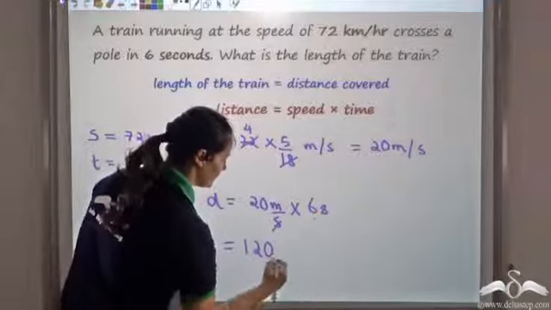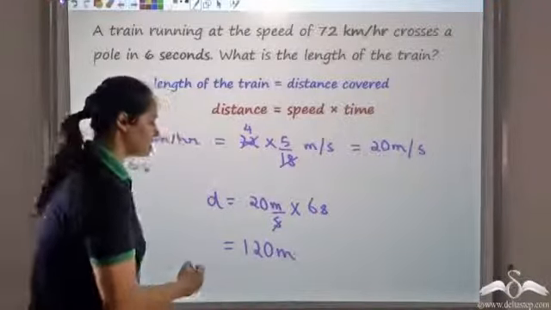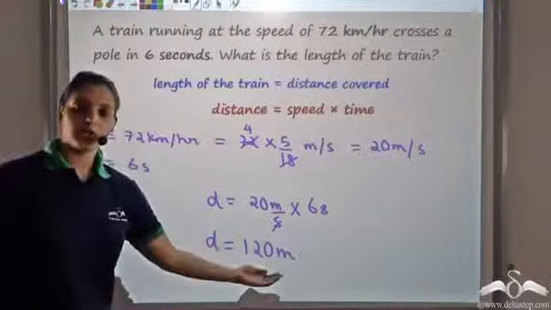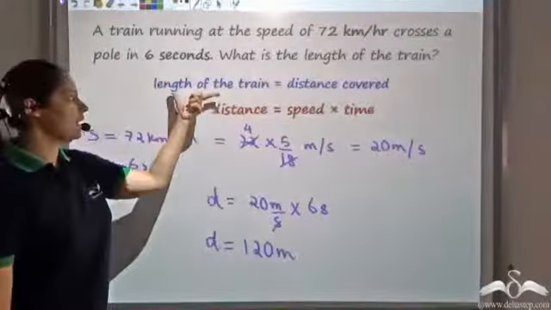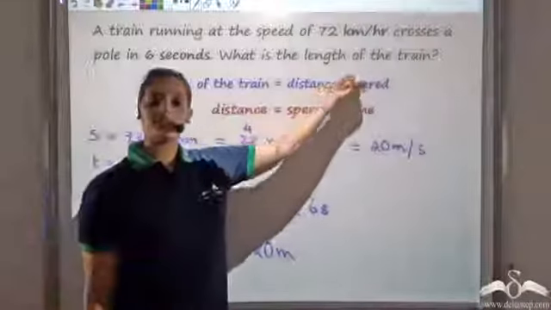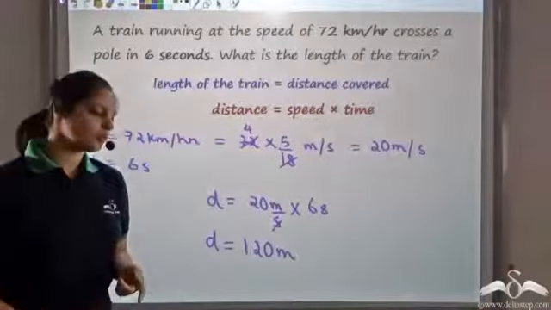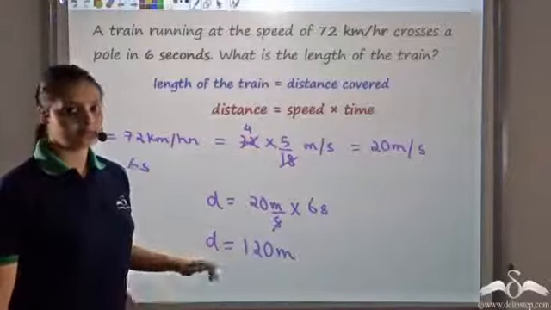So we get distance as 120 meters. So the distance covered is 120 meters. So the length of the train would be equal to the distance covered. Hence the length of the train would be equal to 120 meters.